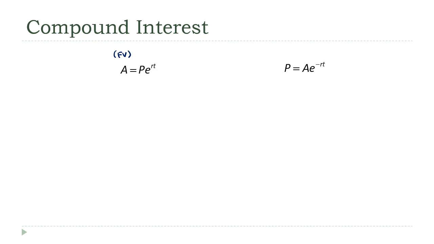So this gives us a formula for P, which is the present value required to get a final investment A. So we're going to be doing this a lot as we go through the next several lectures. We're going to try to do something for the present value, and then we're going to turn around and see, well, okay, can I do it for the future value?